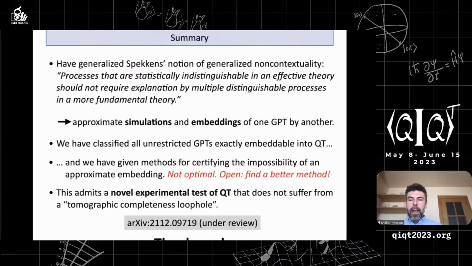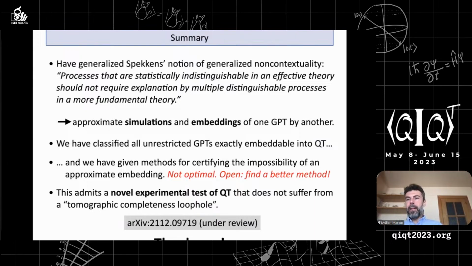Okay, so with that, let me summarize. What we've done in our paper is we have generalized Spekkens' notion of generalized non-contextuality to a kind of methodological principle. That principle says that processes, say preparations and measurements, that are statistically indistinguishable in an effective theory should not require explanation by multiple distinguishable procedures in a more fundamental theory.